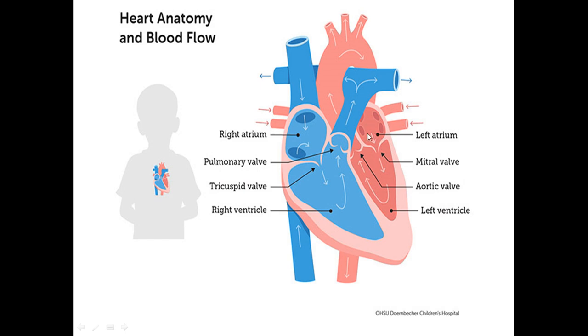The contraction of the left auricle opens this cap and forces the oxygenated blood into the left ventricle. So the left ventricle is connected to the left auricle at a valve, which is also called a bicuspid valve because it has two caps, or a mitral valve.